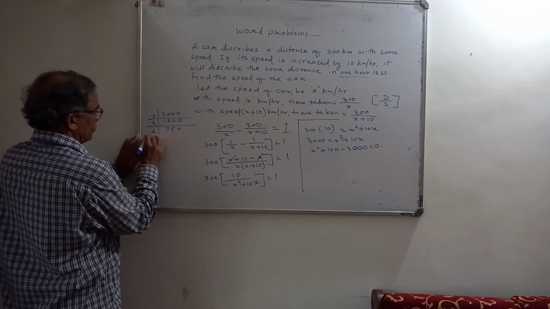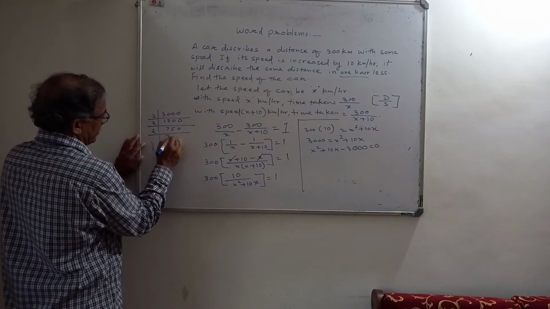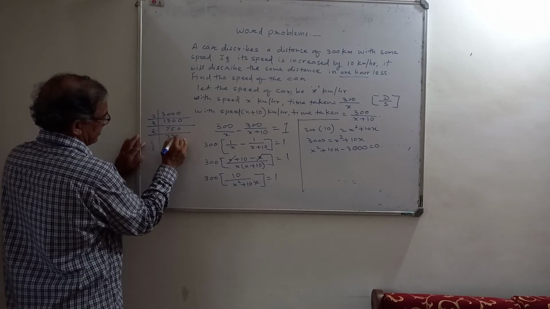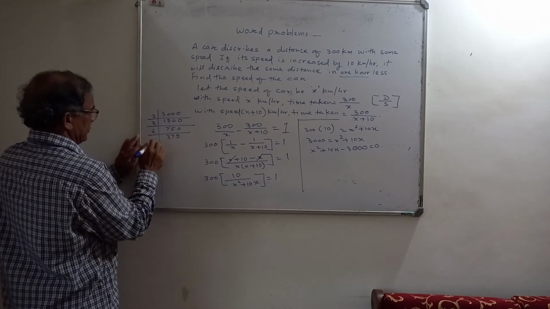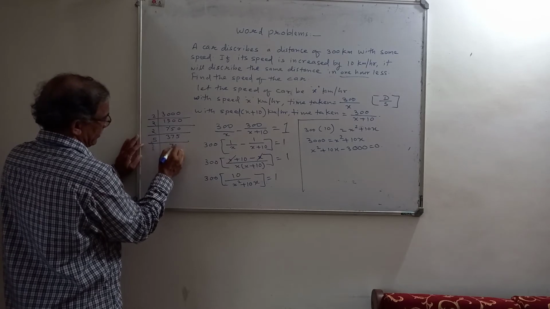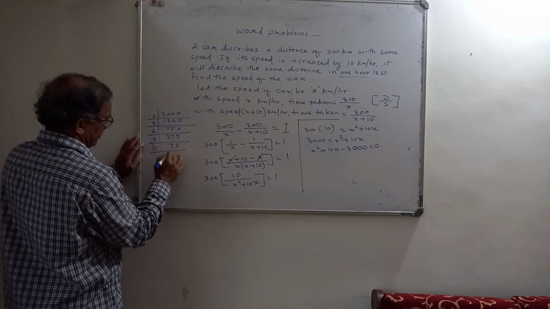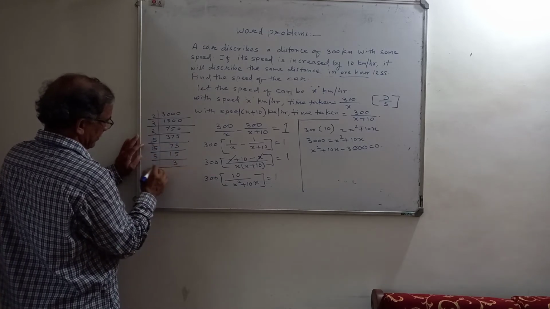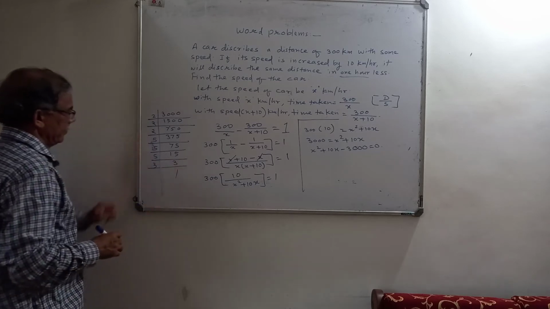So again 2, 2 threes, 2 sevens, 2 fives. Now 5, 5 sevens are 35, 5, 5 fives, 5, 50, 5, 3, 3, 1.